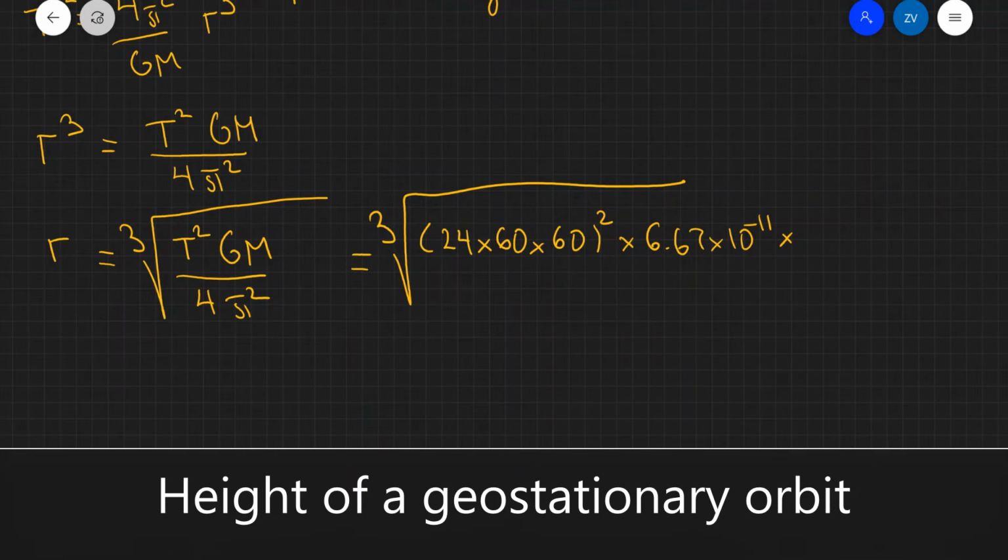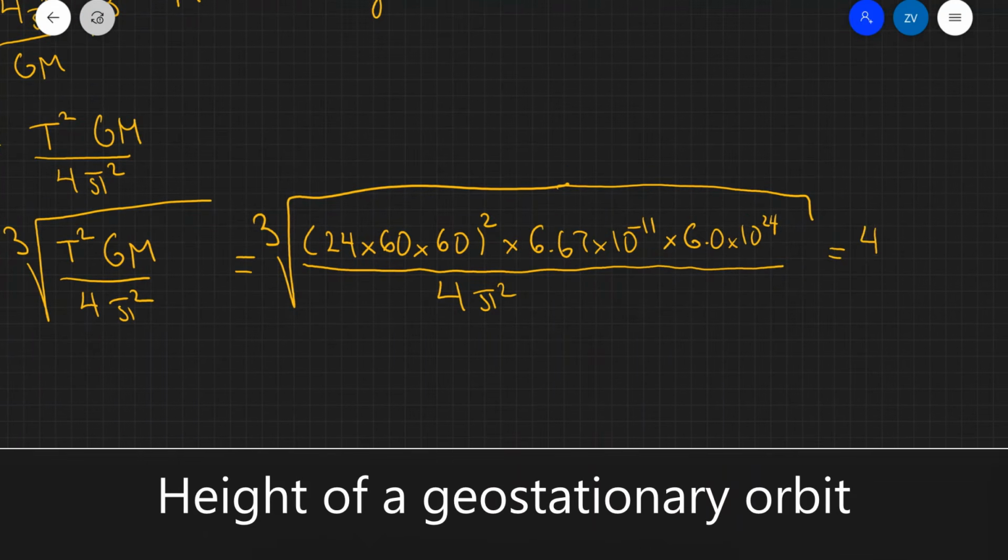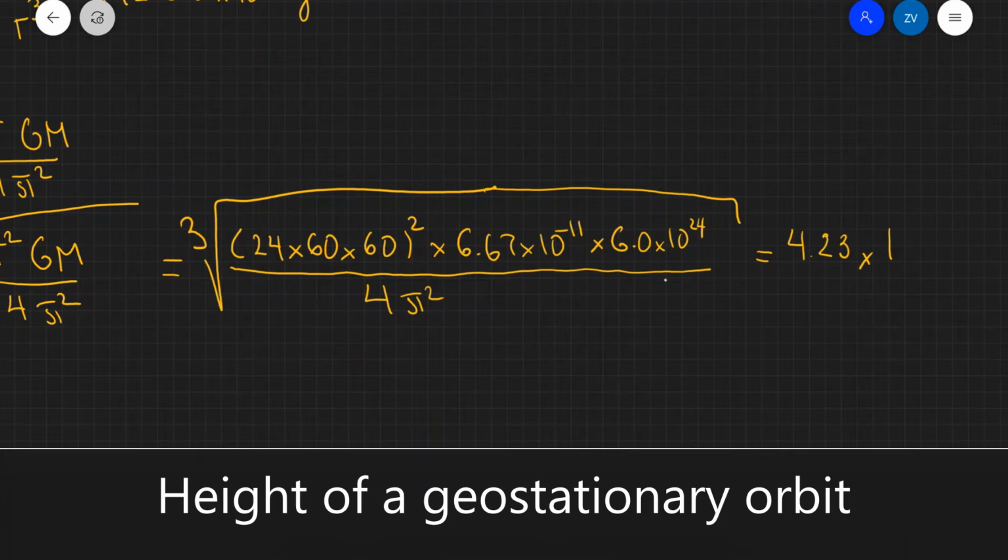The mass of the Earth is equal to 6.0 times 10 to the power of 24. Now what I'm going to do is divide this by 4 pi squared, like so. We're going to get approximately 4.23 multiplied by 10 to the power of 7 meters.